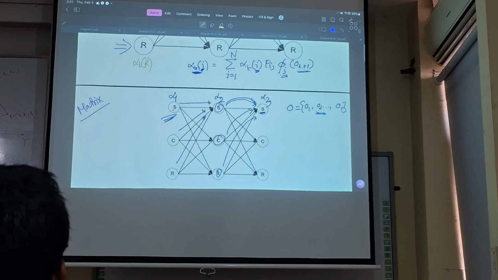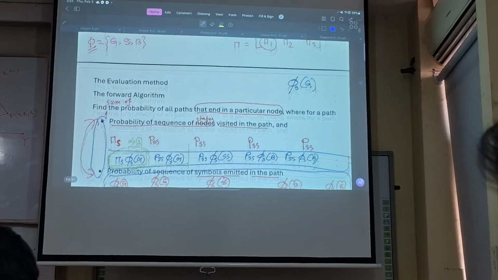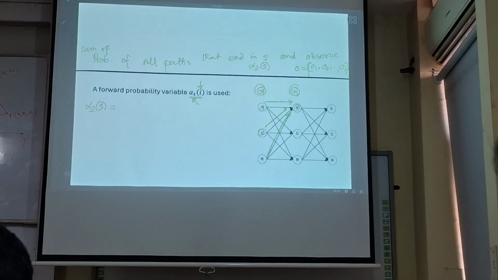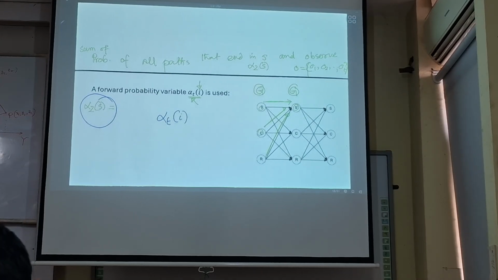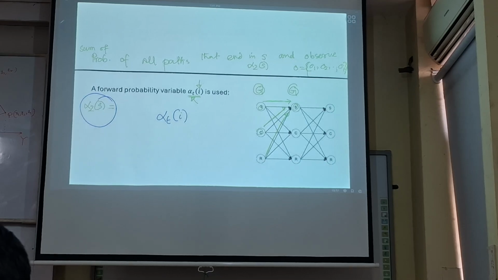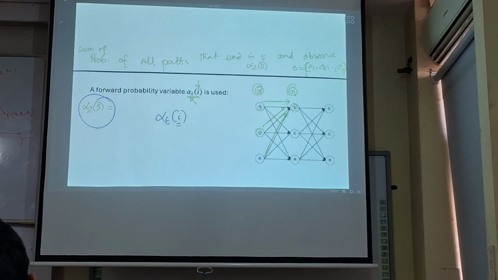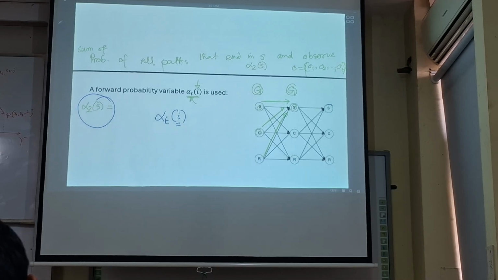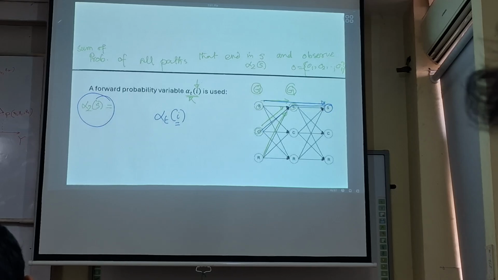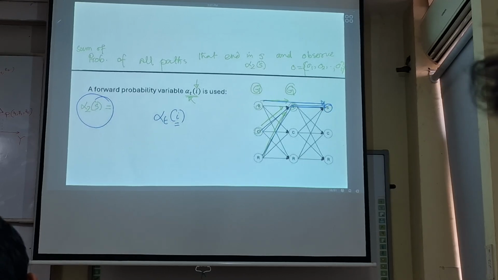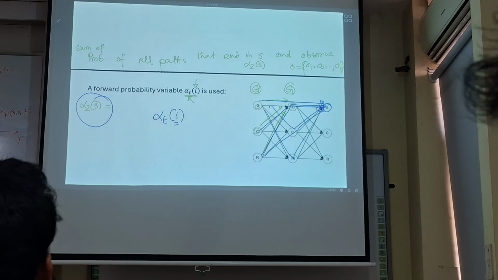So one thing that we will understand here: what is this variable? This includes all the paths that end in this state. So if you consider here, then the paths will be this one, this one, this one, this one, this one, this one.